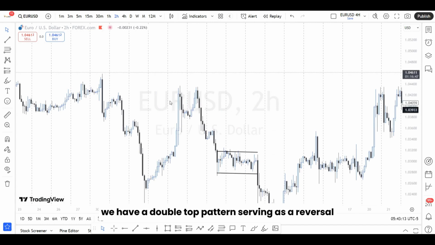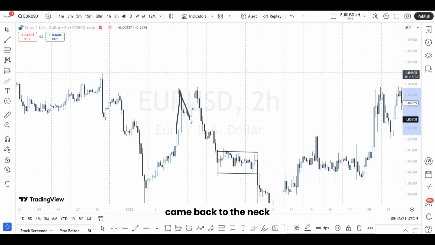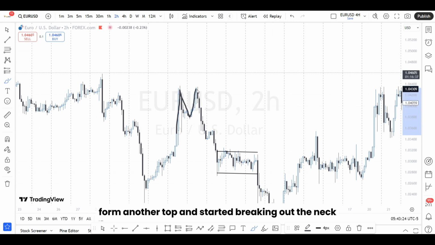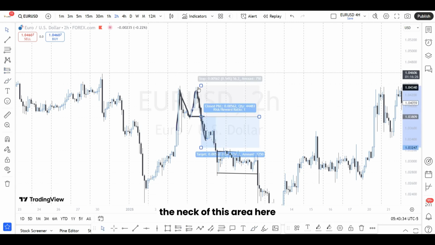Now you can see here we have a double top pattern serving as a reversal. You can see the market went up, from one top, came back to the neck, formed another top, and started breaking out the neck. So this is the neck. We want to enter the trade. We'll be entering like this. We want to enter as the market breaks the neck of this area here.